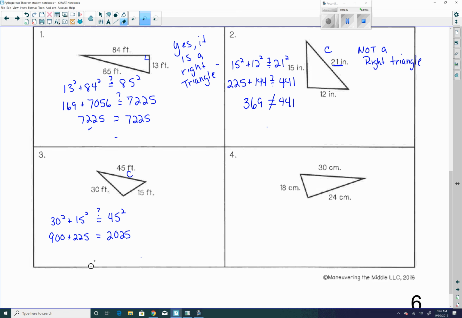So now I'm going to add together the left side of the equation, 900 plus 225, and that equals 1,125. That does not equal 2,025. So it is not a right triangle.